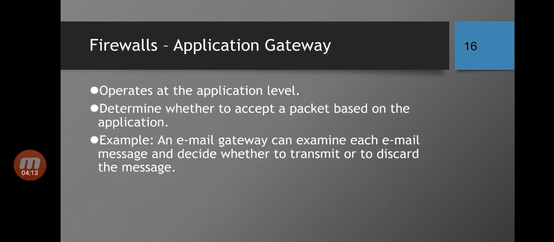Firewalls on the application gateway operate at the application level, determining whether to accept a packet based on the application. Example, an email gateway can examine each email message and decide whether to transmit or to discard the message. So we will actually get information if the message is being blocked.